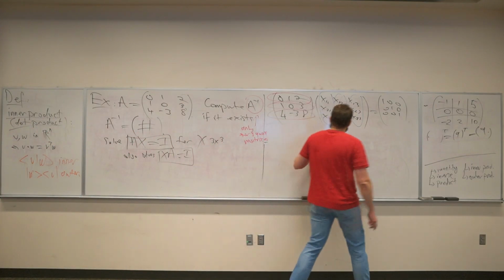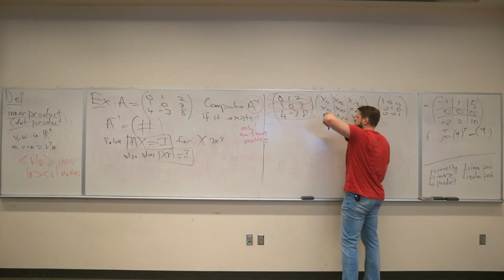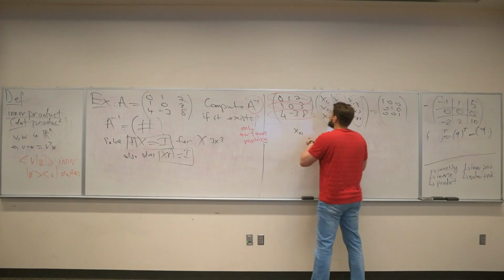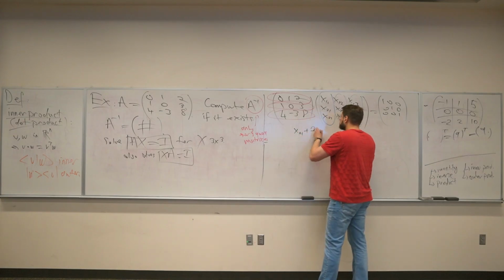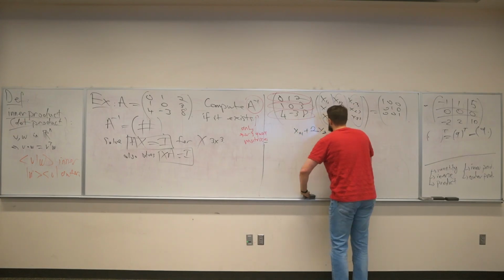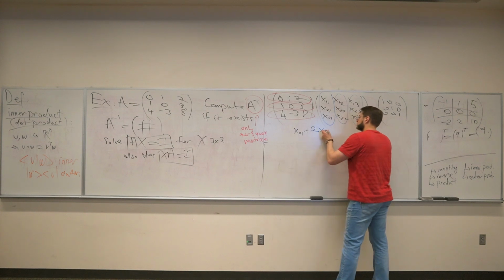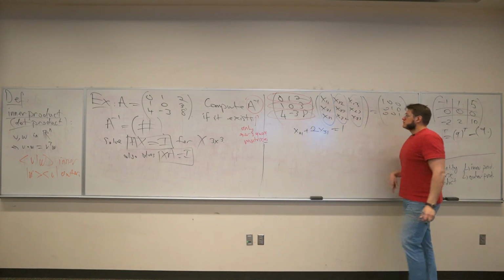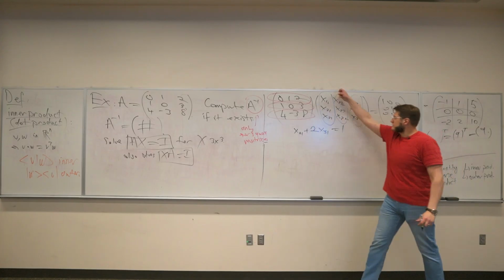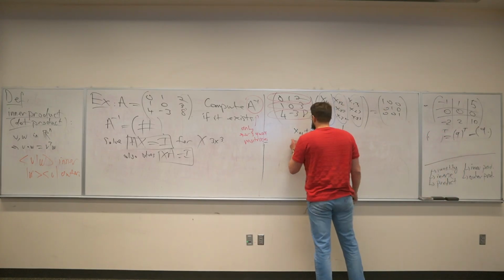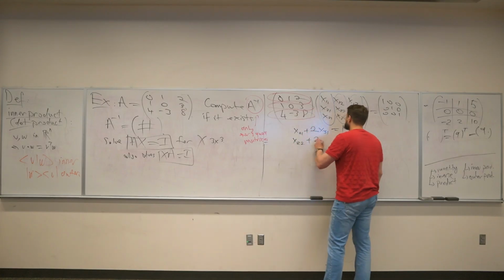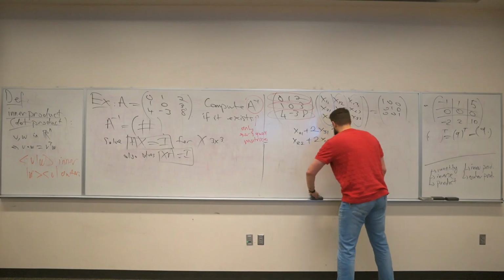So for instance, this says this. First row against the first column gives me x21 plus 2 times x31 is 1. Then first row against the second column, x22 plus 2x32 equals 0.